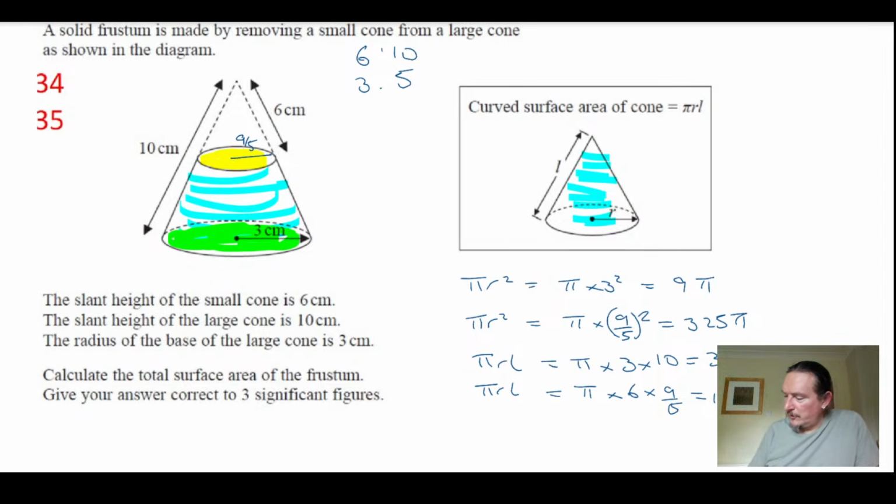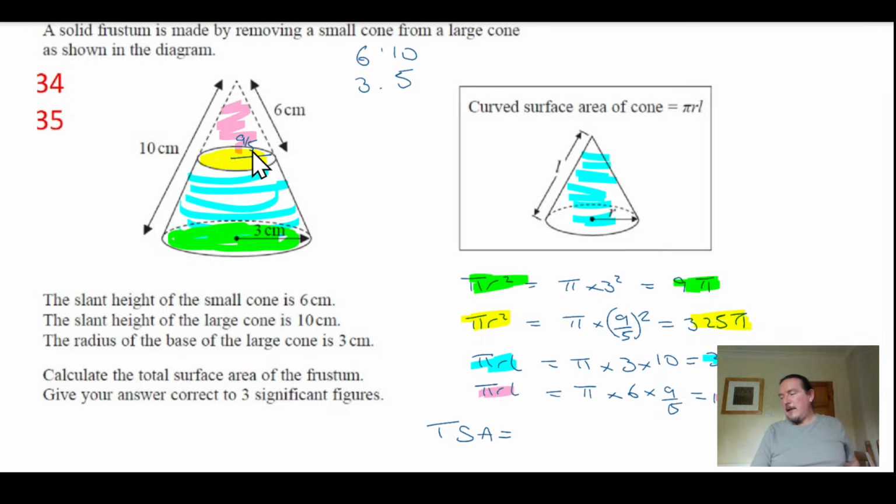Okay, so then the total surface area. Let's just color code this. This was the small circle, sorry. This was the big circle. This is the slant height of the big cone. And this is the slant height of the ghost cone at the top, this bit up here.